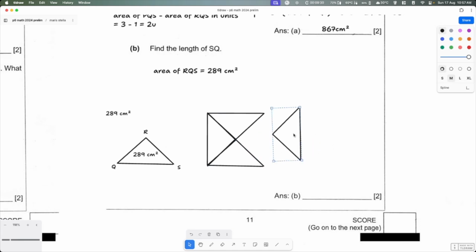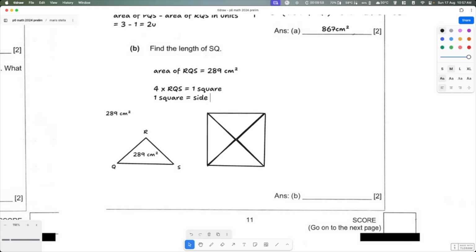So we basically created a square. So 4 times RQS is basically one square. And basically it's just SQ and SQ. So one square is equal to side times side, or SQ times SQ.